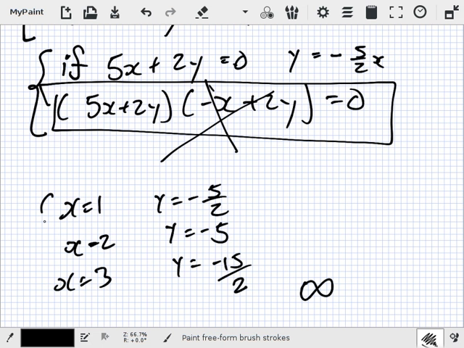All of these values of x and y will make this equal to 0, and when this is equal to 0, the second equation is automatically satisfied as well. So you have an infinite number of solutions along this line. Here are 3 examples, but there's an infinite number.